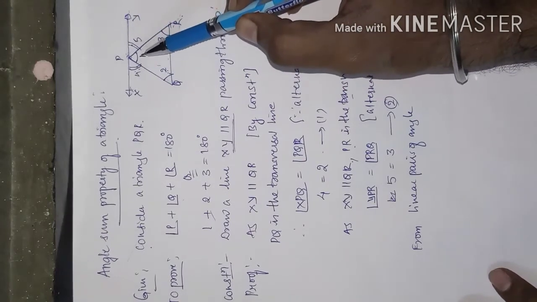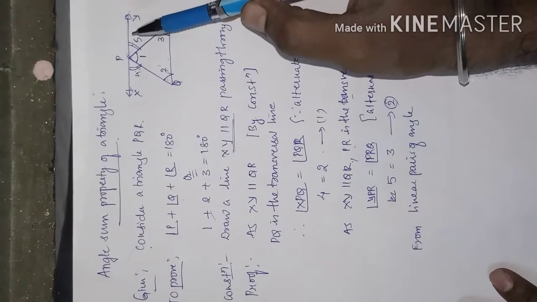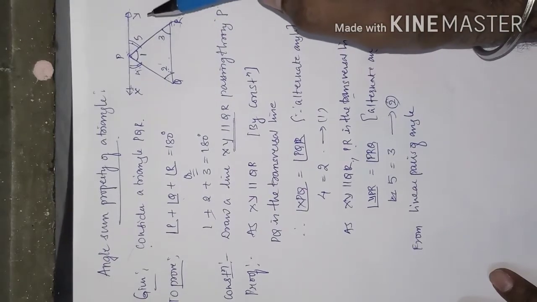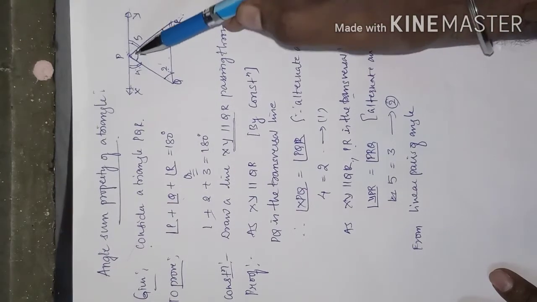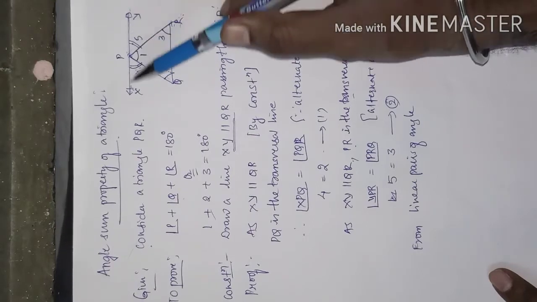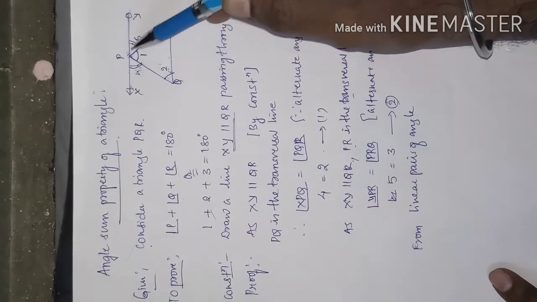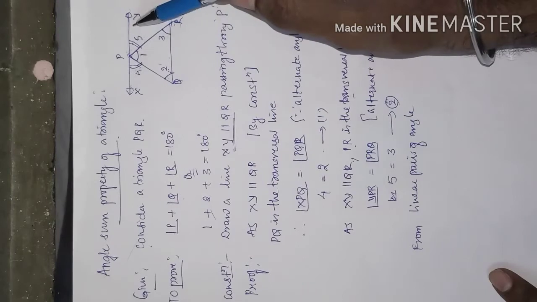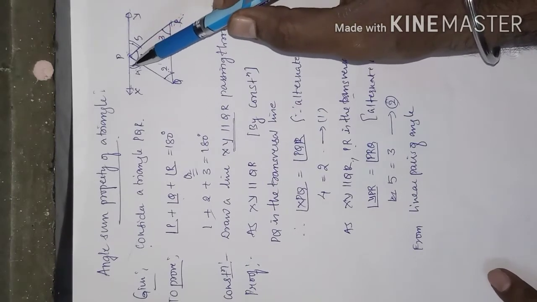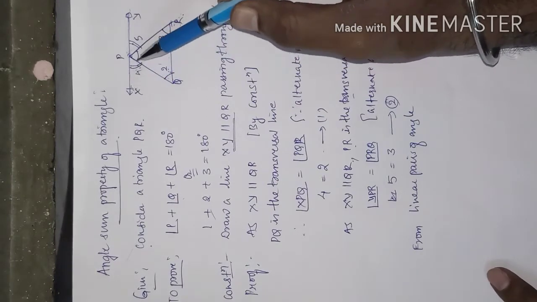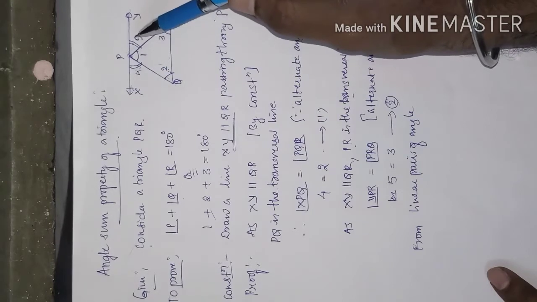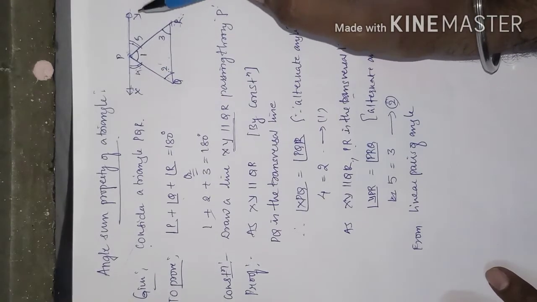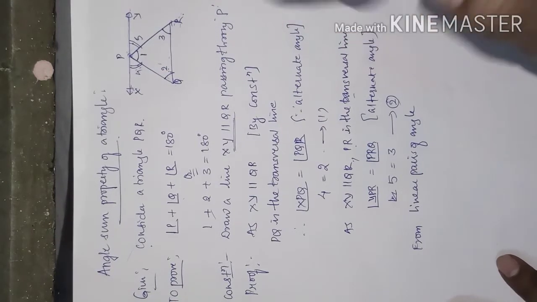Angle 4 plus angle 1 plus angle 5 is equal to 180 degrees. Yes or no? Once again, XY is the line segment and PQ and PR are the rays standing on XY. So angle 4 plus angle 1 plus angle 5 is equal to 180 degrees by linear pairs of angles.